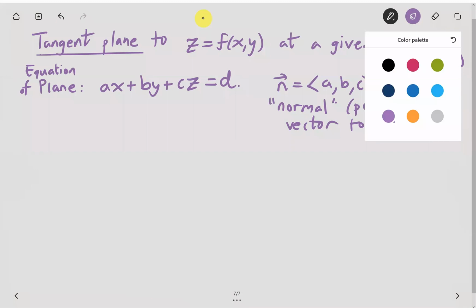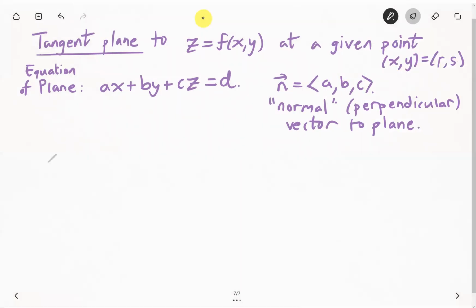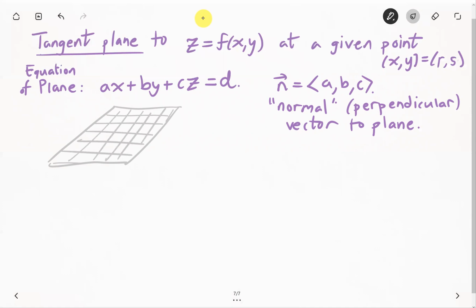And so, for example, if this is our plane, which I like to draw as a sheet of graph paper being inclined and tilted at some angle in 3-dimensional space, there's some vector. This is the vector n.